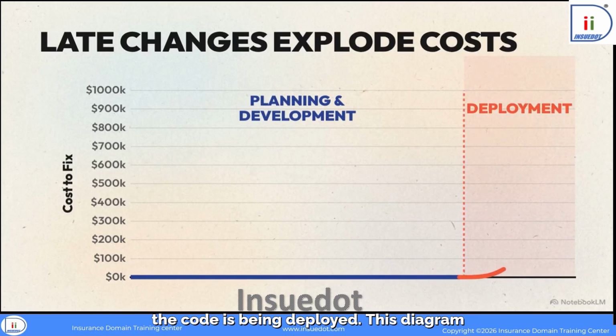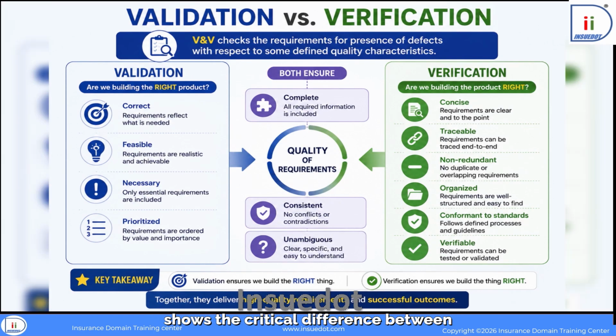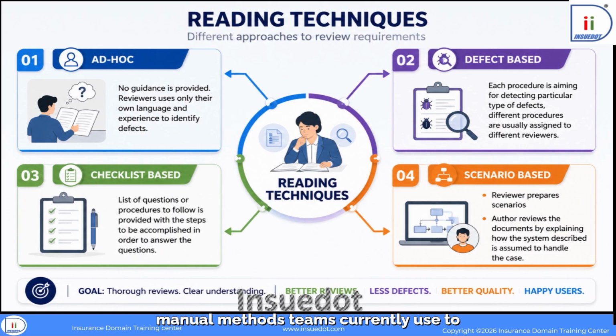This diagram shows the critical difference between simply gathering a requirement and actually validating it. To validate a feature, a team has to actively confirm that it is correct, feasible, and consistent with the system. Here are 4 manual methods teams currently use to validate requirements. Notice the ad hoc quadrant. Reviewers rely entirely on their own language and experience to identify defects.